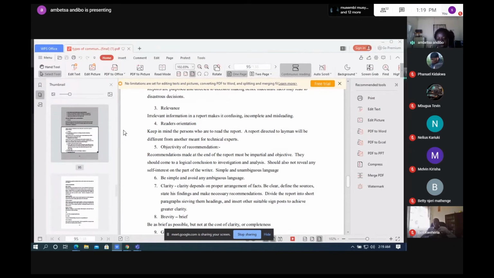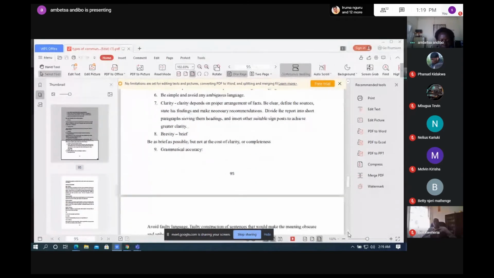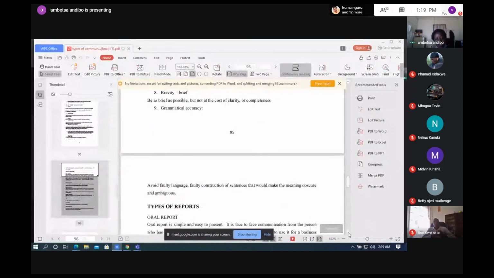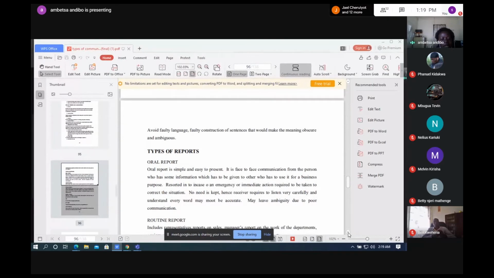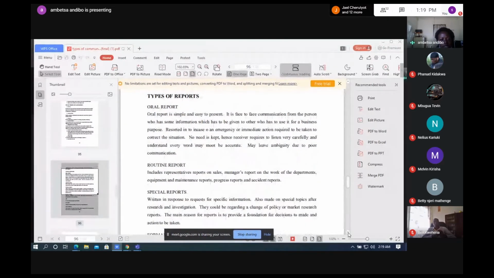Then divide the report into short paragraphs and use subheadings. And as far as possible, be brief and to the point. Don't beat about the bush. Then your grammar and your spelling needs to be accurate, needs to be on point.